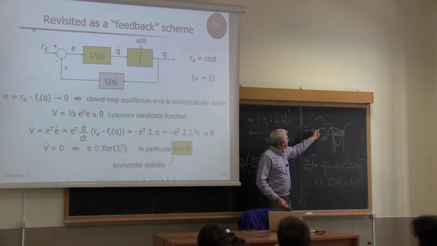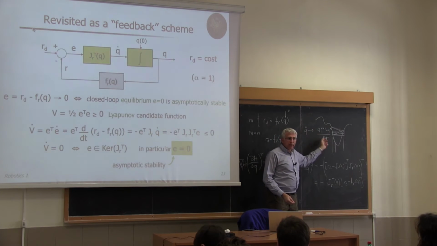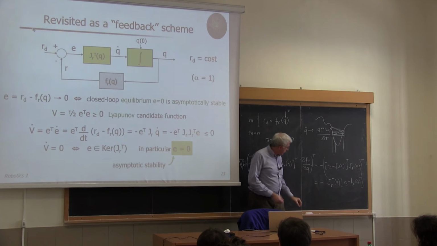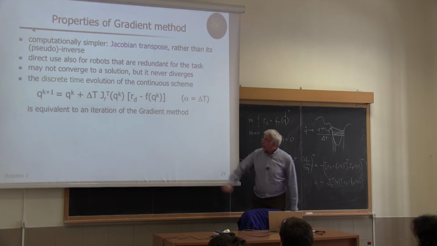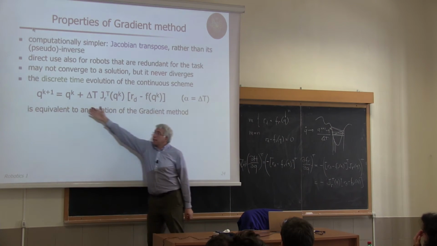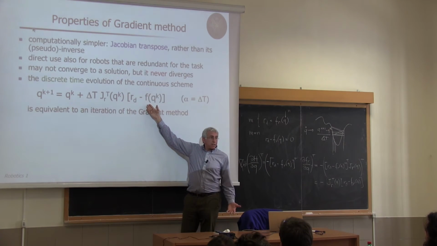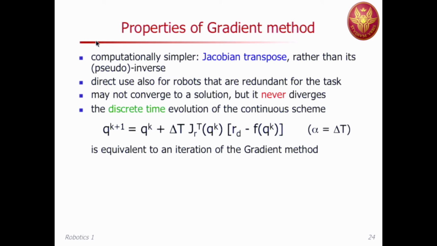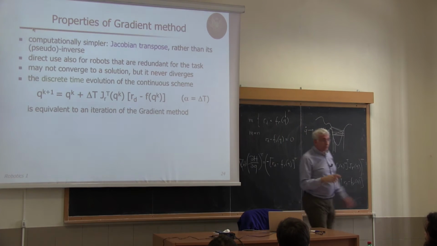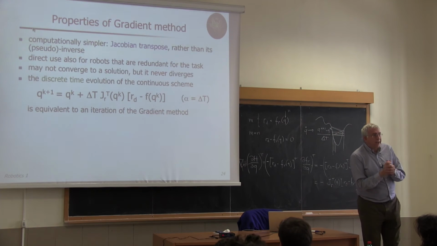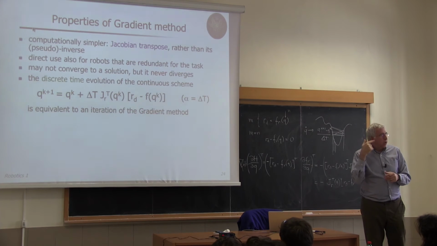The velocity is just a variation of position divided by some sampling time. Okay, so let's do this and then reorganize things, and you find this kind of discrete time version of this feedback scheme which was defined in continuous time. And this is exactly a step of the gradient method if you replace delta t by alpha.